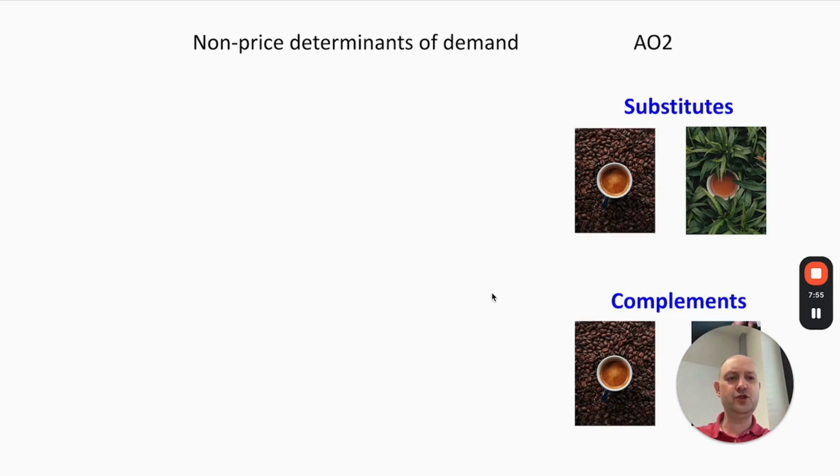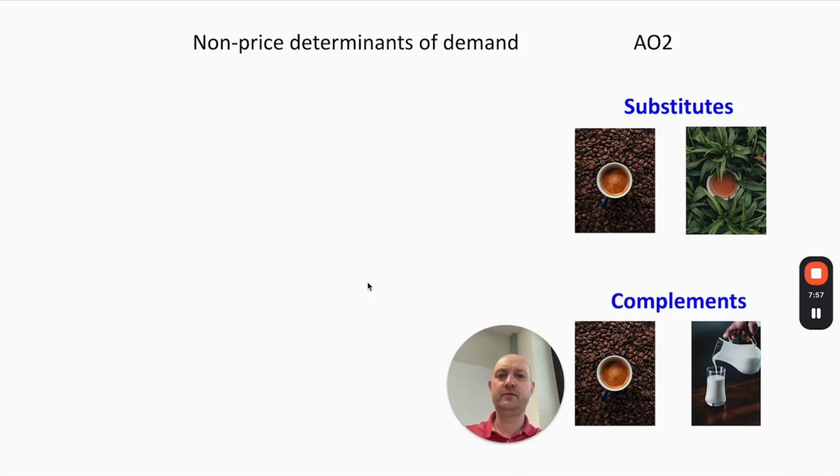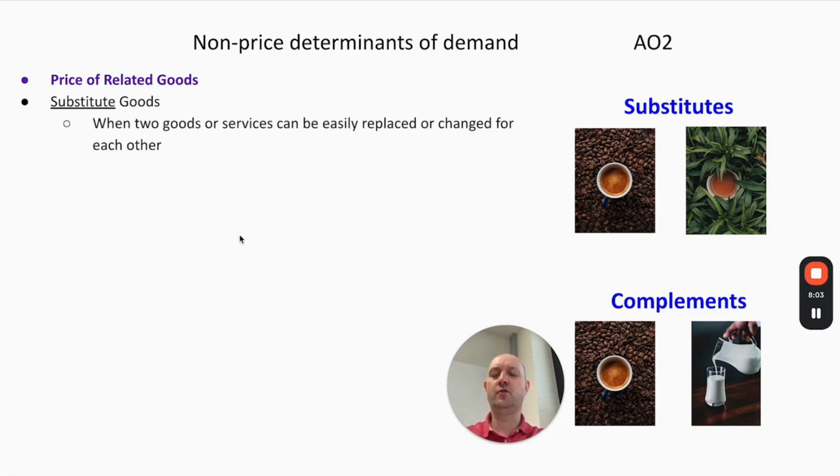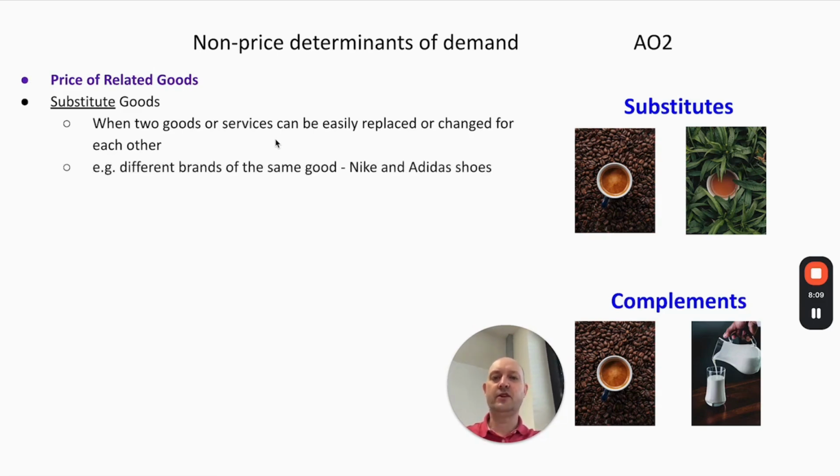Okay, let's move on to substitutes and complements. So these are prices of related goods. So the first one is substitute goods. These are when two goods or services can easily be replaced or changed for each other. So for example, we might have the same good, which is sports shoes, and we might have different brands. So Nike and Adidas shoes are substitutes because consumers can easily replace one for the other.